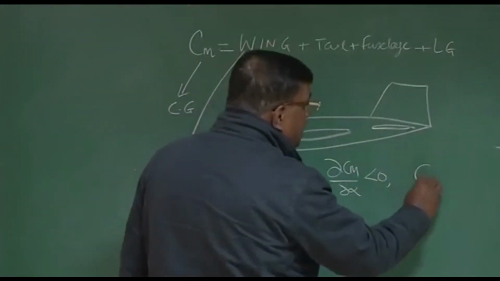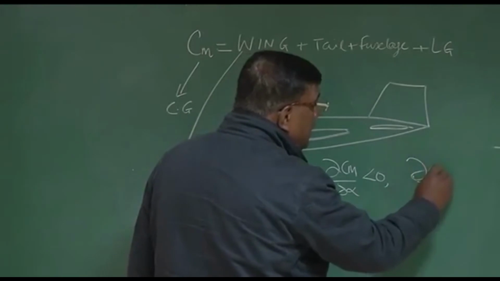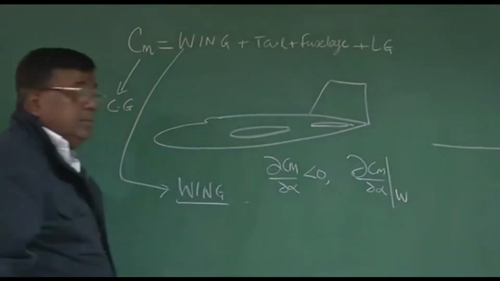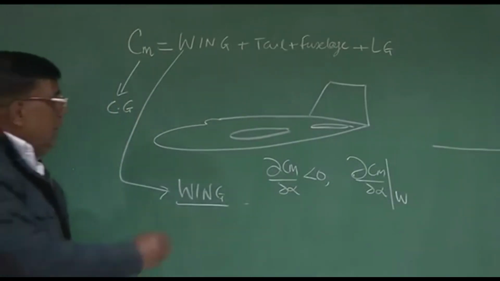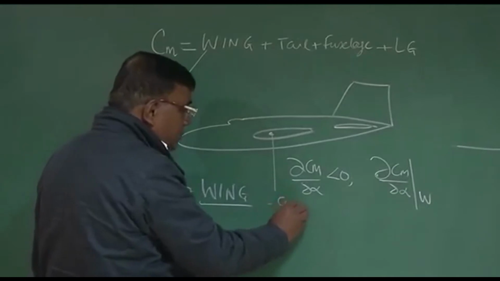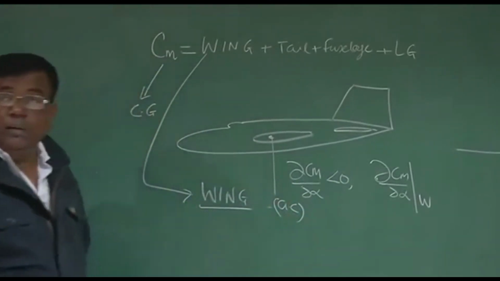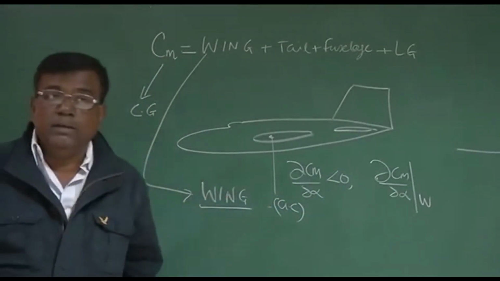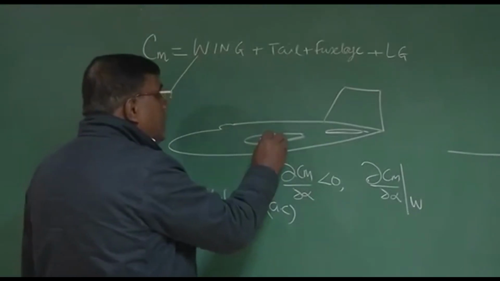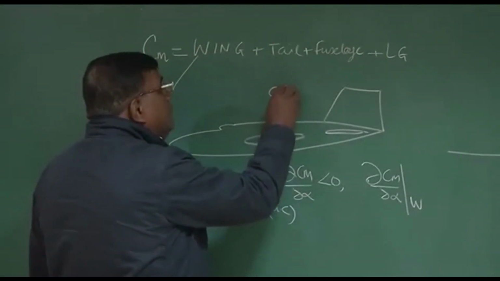I like to check what is dCm by d alpha contribution because of wing. Correct? Now, if I see a wing and there is an aerodynamic center, you know what is an aerodynamic center? It is the fictitious point about which the pitching moment is independent of angle of attack. And let's say CG of the airplane is somewhere here.